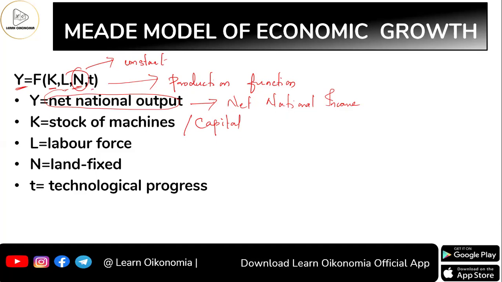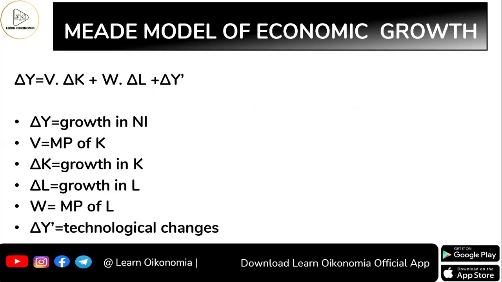Since land or N is fixed here, the modified production function that Meade was using is Y as a function of K, L, and T, that is capital, labor, and technology. So let's proceed with the model.